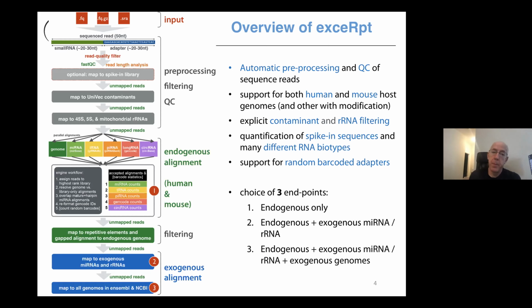So we built this pipeline with an elaborate pre-processing filtering step, removing reads of low quality, removing reads that potentially correspond to known laboratory contaminants, removing endogenous ribosomal sequences that we tend to be less interested in. And then we map the reads against the annotations of the endogenous genome.